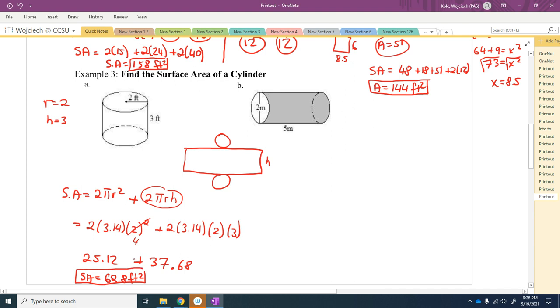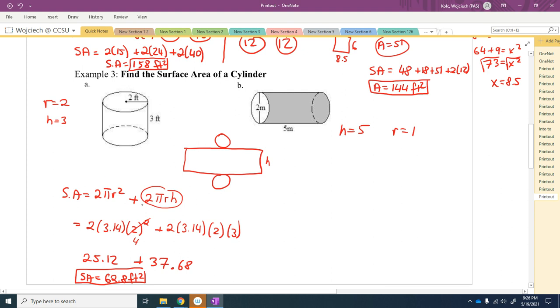Okay. The last example, example B, it's still a cylinder. Again, the base is a circle. Now here, the height is 5. Please remember, even though it looks like it's at the bottom, you can rotate the cylinder. Okay. And the diameter is 2, which means the radius is equal to 1.